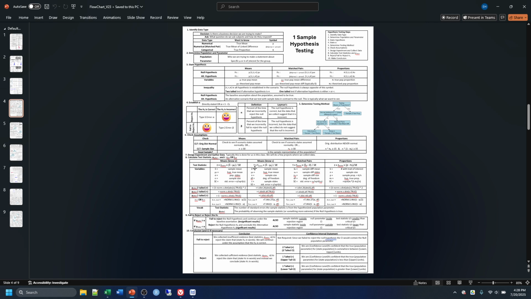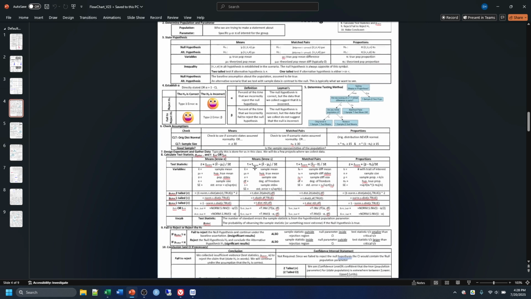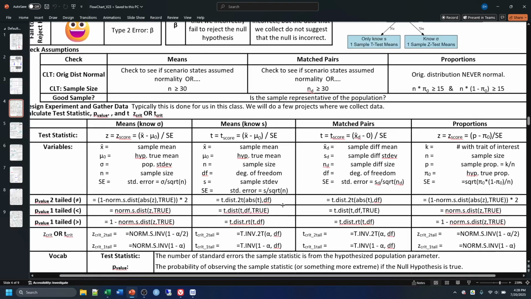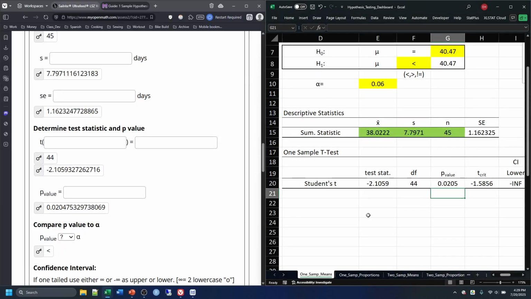Yeah, we have the one sample hypothesis testing, and we can see that we can calculate these p-values whether it's two-tailed, one-tailed less than, or one-tailed greater than. These are the equations that you would type in: the t-score that we calculated, the degrees of freedom, and true if we're doing a less than, or this one if we're doing a greater than. That's if you're doing it manually, but I'm not showing it to you manually right now.